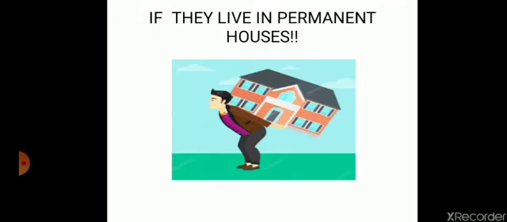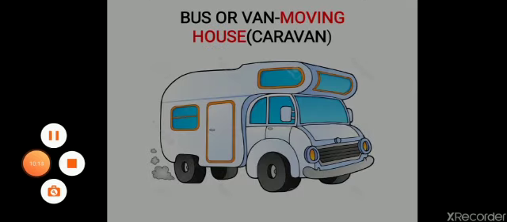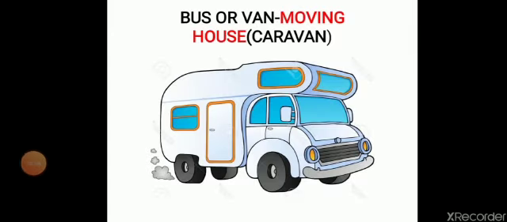If you are living in a permanent house, it is not possible to pack your house inside your bag and take it along wherever you are going. It really sounds weird and even funny. Keeping this in mind, we can have a moving house.